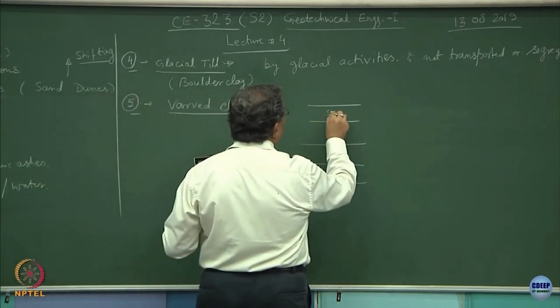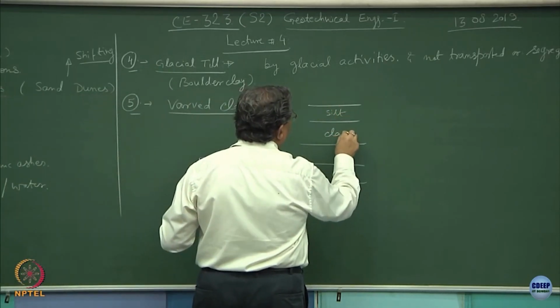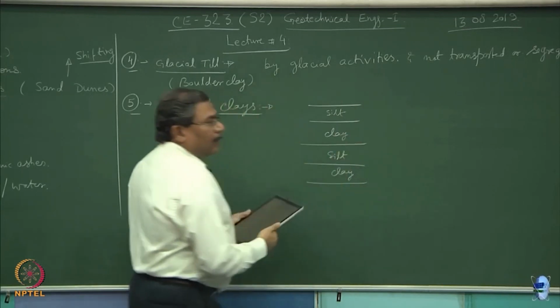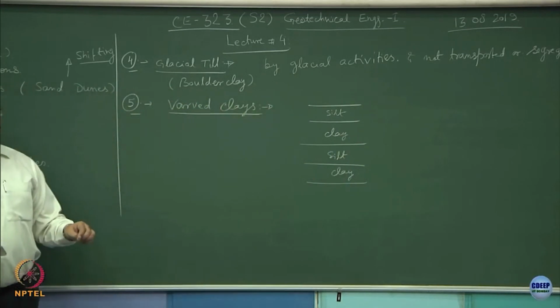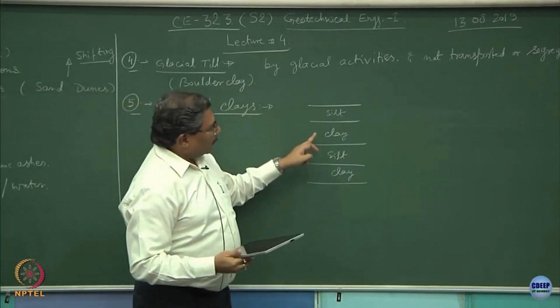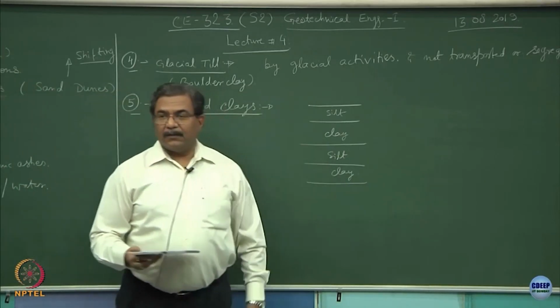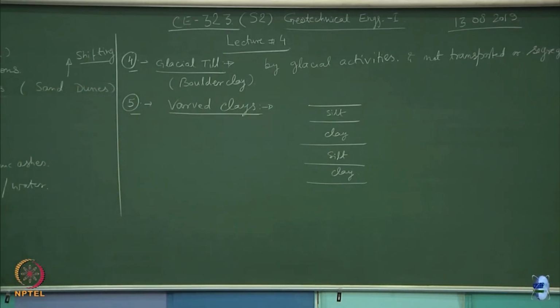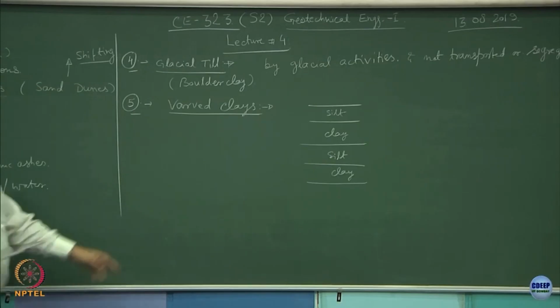So, if you have silt, clay, silt, clay, we will discuss in detail what is meant by silt and what is meant by clay. Today I have introduced another term in the realm of soil mechanics, that is silt.